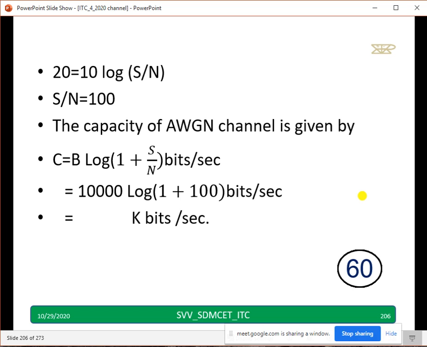Simply fill the value of B, S by N I calculated 100. Some answer you will get. C equal to so many bits or so many kilobits per second. Type your answer in the chat box.